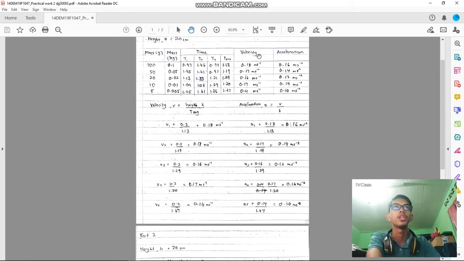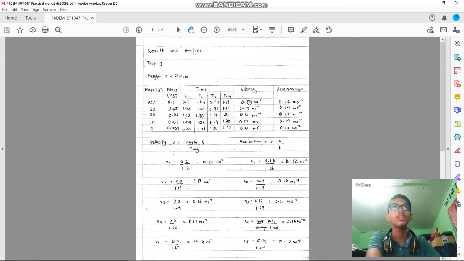And then we put it in the table. That's for test 1.